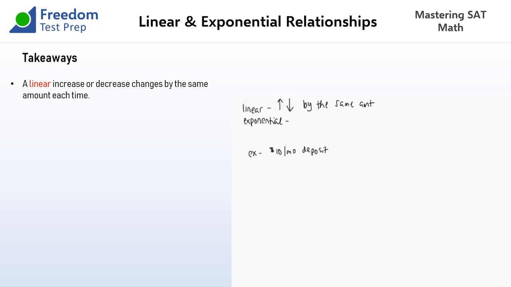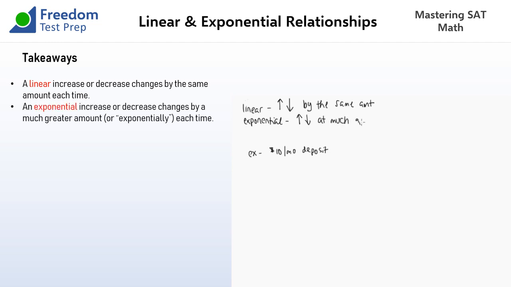Now, if it's an exponential relationship, that is going to go up or down at a much greater rate. And you can see that because there'll be an exponent, right? So it might be like a typical banking equation, we'll do a problem like this later.